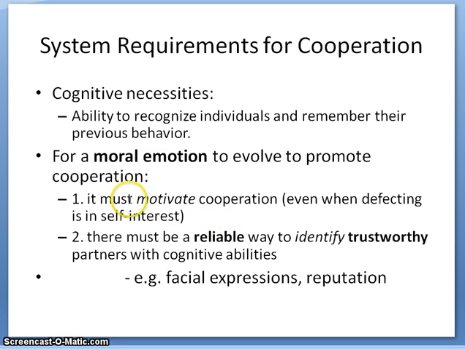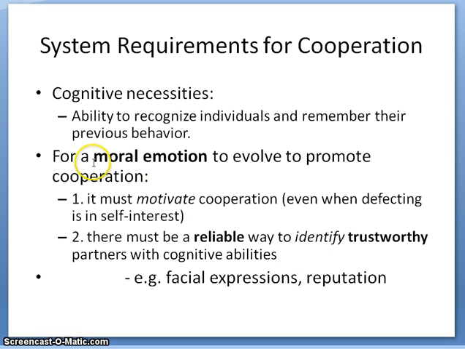First of all, the emotion has to be motivational, right? It has to motivate cooperation, even in the face of defecting, when defecting would be in one's self-interest in the immediate moment. And two, there has to be a reliable way of identifying trustworthy partners, right?